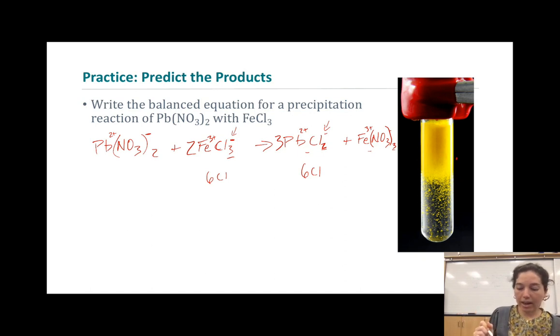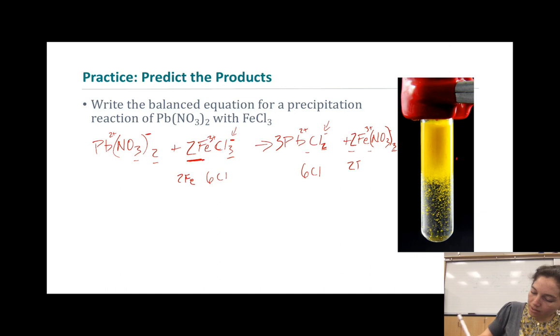Now let's take a look at our irons. That gives us 2 irons here. We have 1 here, so we're going to need to double that number. You might also draw that conclusion by saying that we have 2 and 3. So if we've got a 3 and a 2, it gives us 6 nitrates, 2 irons.